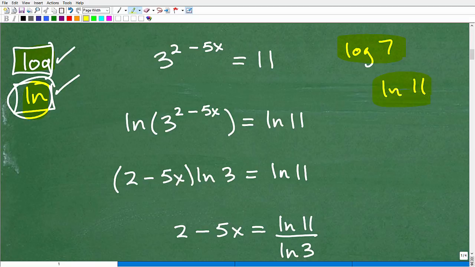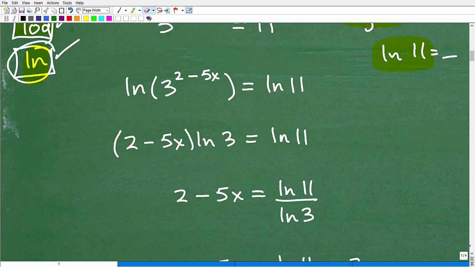You can go into your calculator and type this in, and you're going to get some decimal. When I look at ln 11, this is just a number, but I'm not going to convert it. I'm going to leave it as ln 11 because I'm going to work to get an exact value. I'm not even going to use my calculator at this point.